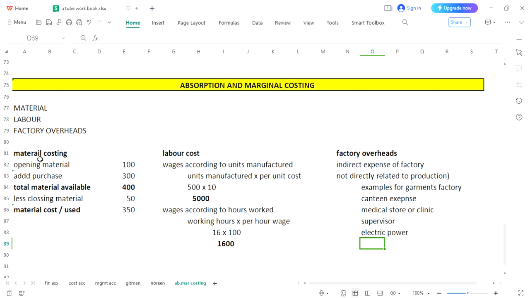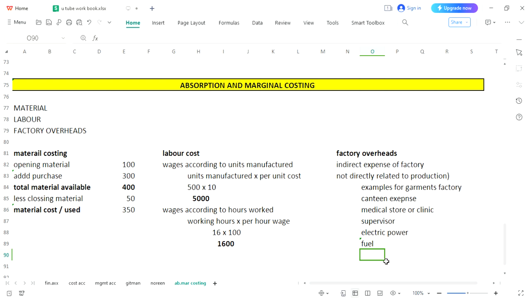Again, indirect, fuel. In a garment factory, what is direct? How much raw cloth you have purchased, buttons, threads, these are direct sort of expenses. And the carriage or freight you have paid to purchase the raw material, those are direct. And here we are giving examples of indirect expenses of the factory.